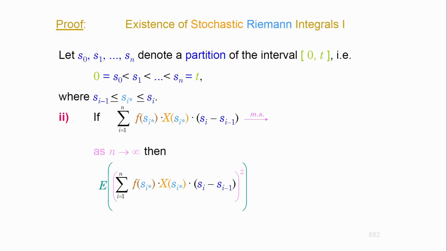So if A implies B, which is supposedly the case, then the negation of B implies the negation of A. That means that if it doesn't exist, then it's not going to be finite, which generates equivalency. So I'm saying the following: if this integral does not exist, which means that there is no mean square convergence, you see? Then the other does not exist either, okay? Which is basically showing the equivalency.